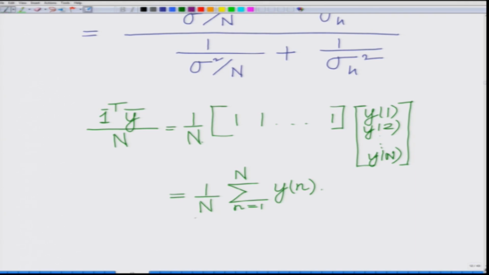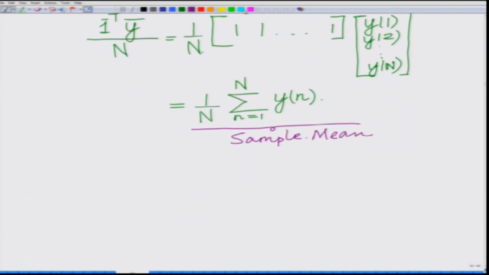This is nothing but the average of the samples. This is a sample mean, and this is also basically the maximum likelihood estimate, right.